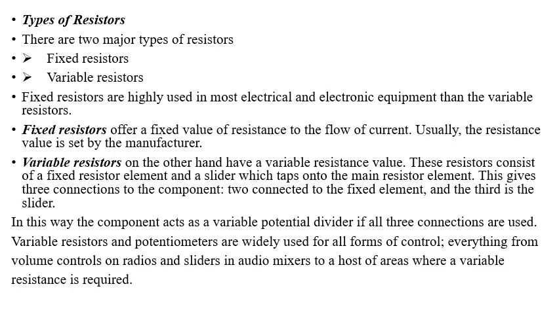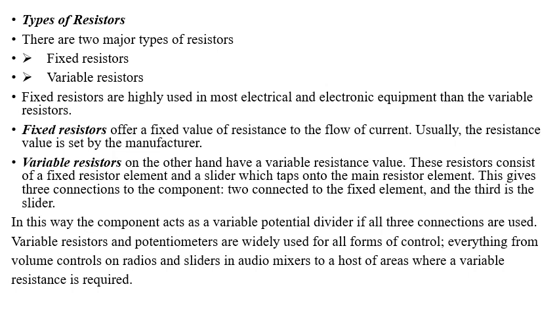Variable resistors, on the other hand, have a variable resistance value. They consist of a fixed resistor element and a slider which taps onto the main resistor element. This gives three connections to the component. Two are connected to the fixed element, and the third is the slider.